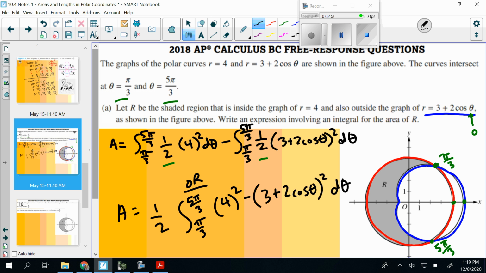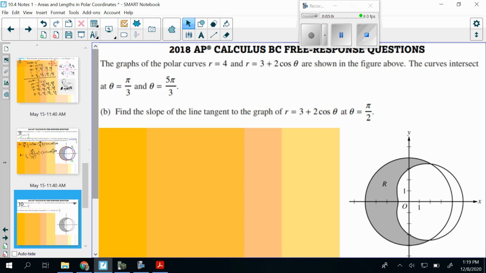So either one of those would work. You don't have to do both, but either one of these would be a good answer and get you full points on the test. All right, let's take a look at part B.